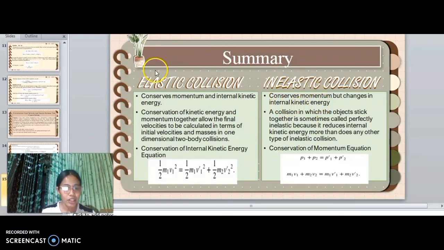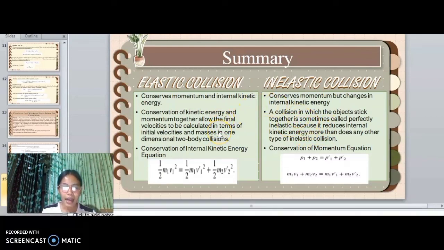In elastic collision, conservation of kinetic energy and momentum together allow the final velocities to be calculated in terms of initial velocities and masses in one-dimensional two-body collisions. In inelastic collision, a collision in which the objects stick together is called perfectly inelastic because it reduces internal kinetic energy more than does any other type of inelastic collision.